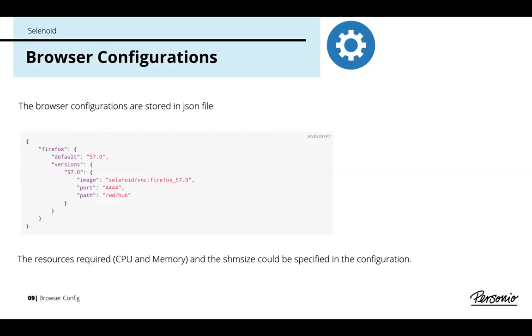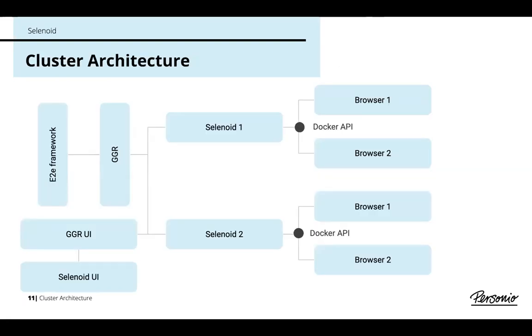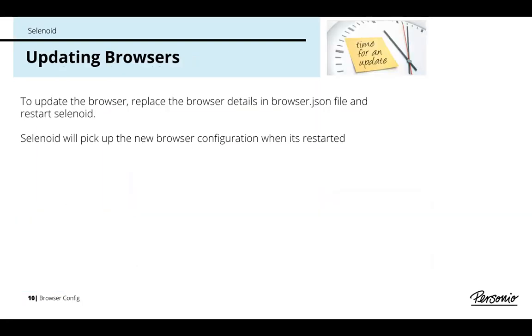Well, this is the port that will be exposed, and the Selenium hub path that will be exposed to your end-to-end framework. Then, to update the browsers, again, you should manually go back to the browsers JSON and manually add the browsers that you need to run your tests against.